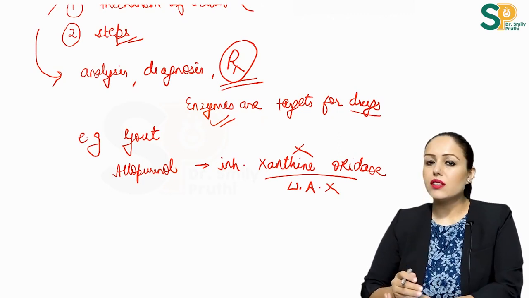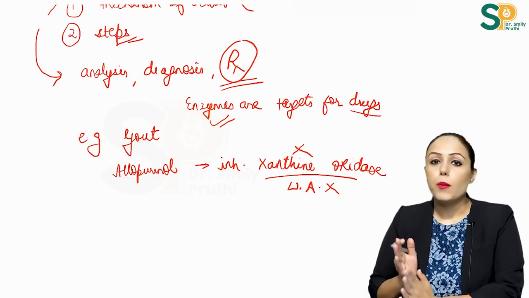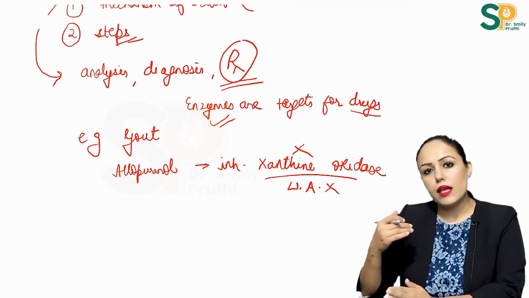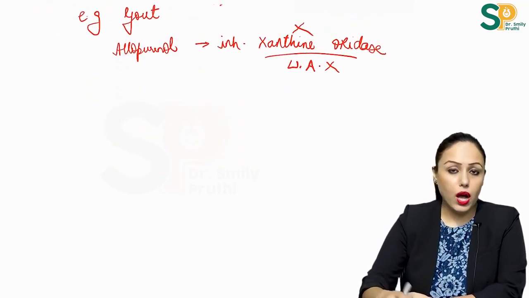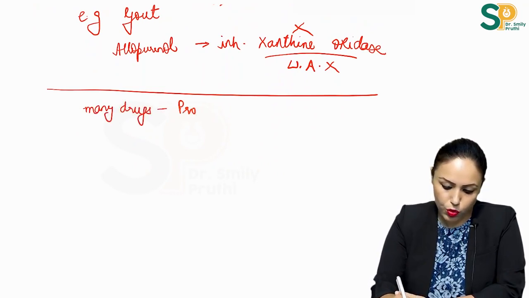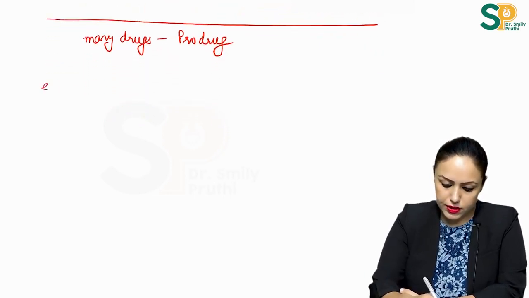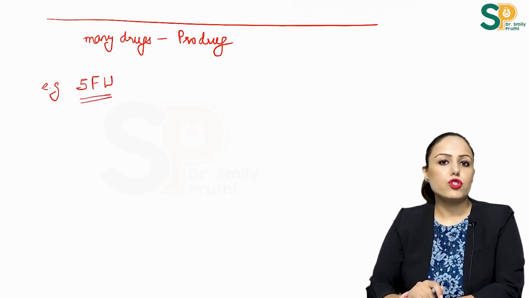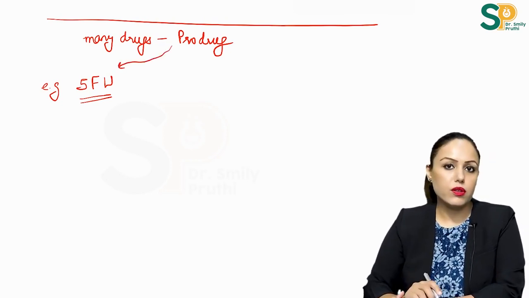So this was that drug is affecting the enzyme, right? But also enzymes are affecting drugs in the body in vivo. How? Because many drugs are in prodrug form. Let's take an example. Example 5-fluorouracil, which is used in cancer chemotherapy, is a prodrug, right?